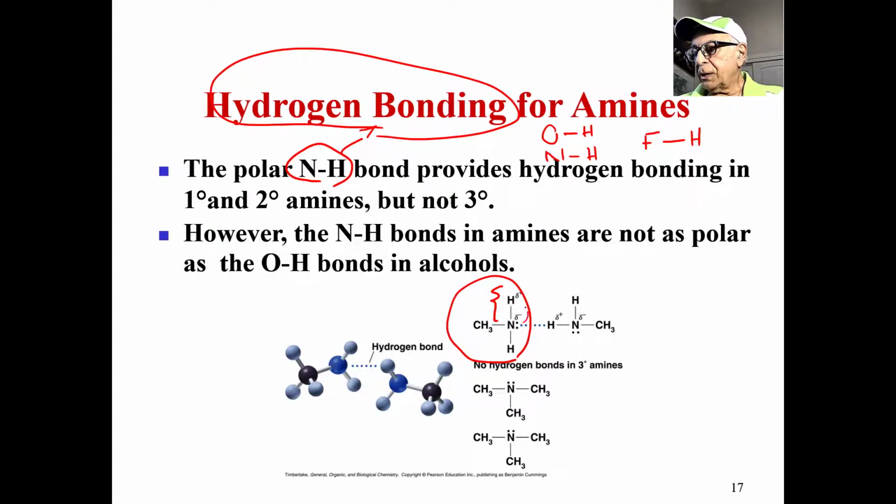So nitrogen is carrying a partial negative charge. And hydrogen, which has lost some of its electron cloud to electronegative nitrogen, is carrying a shortage of negative charge. So it has a partial positive charge.